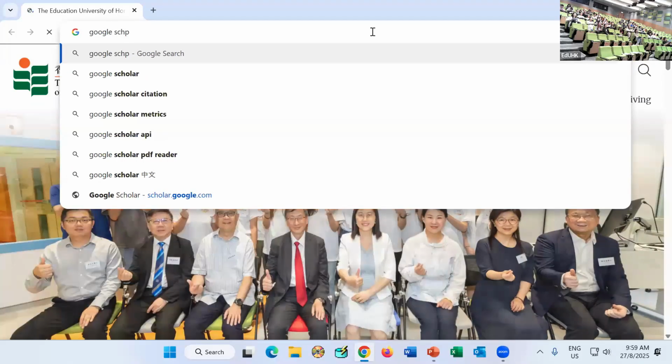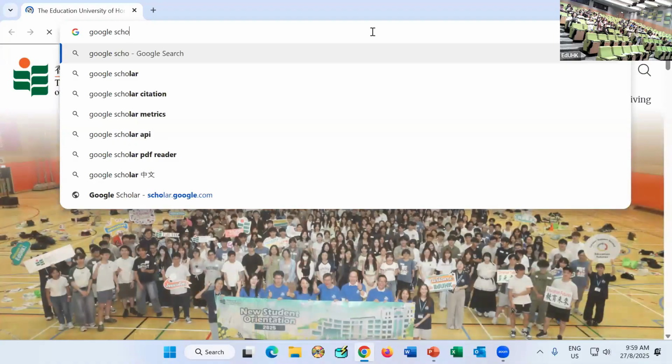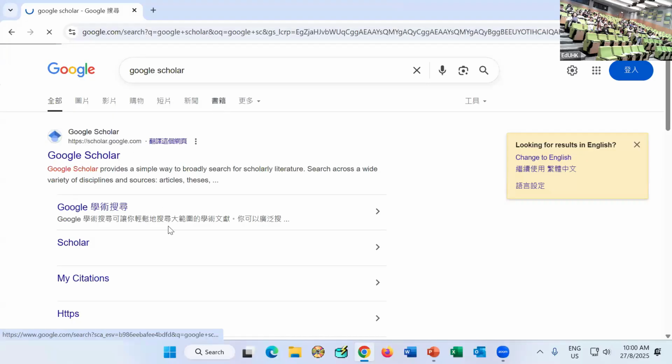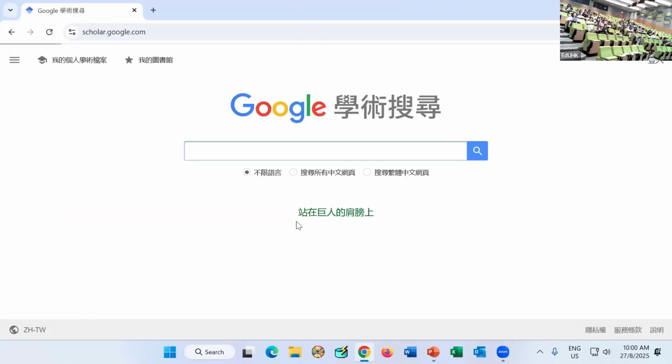Go to the Google Scholar website. This is also a place where you will find a lot of academic sources. And sometimes it's a better idea to use the university database because they have unlocked more sources for you. But generally speaking, you can also go to Google Scholar and then click inside.